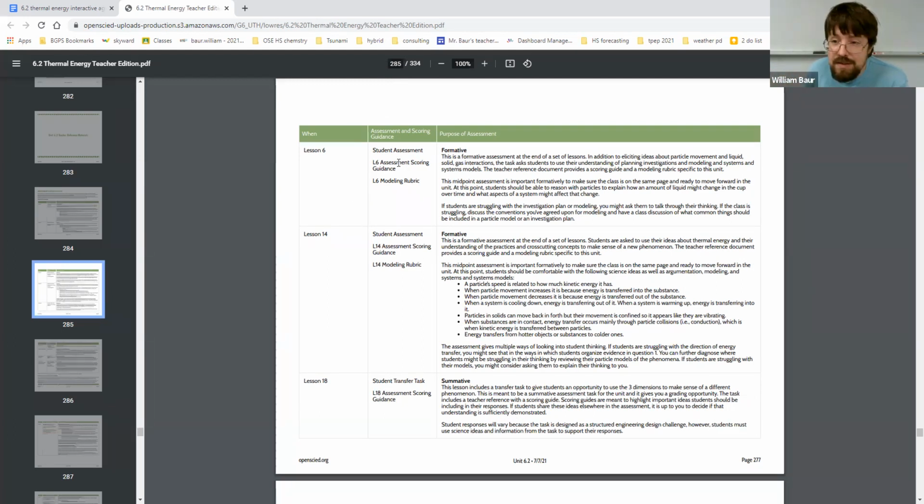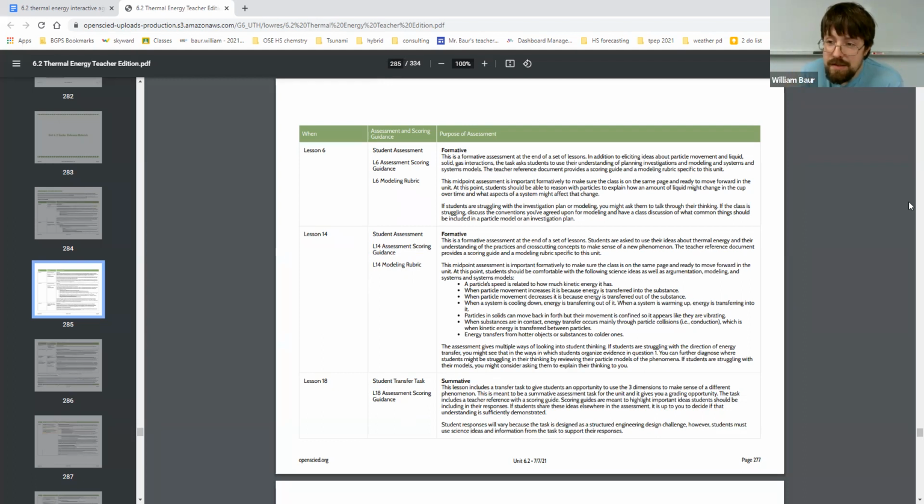So lessons 5 and 6 are one bend, lesson 14 is another, and then lesson 18 is the last lesson. That's where the summative assessment occurs. And there's some scoring guidance and rubrics to rely on.